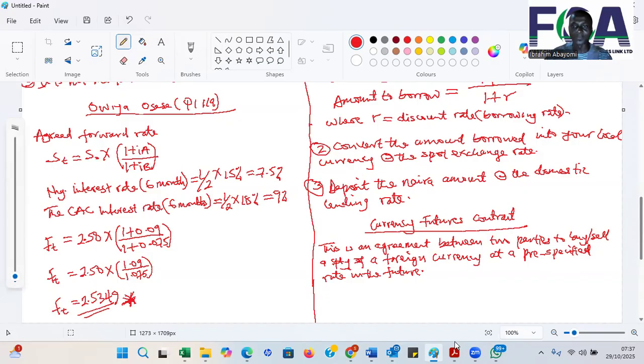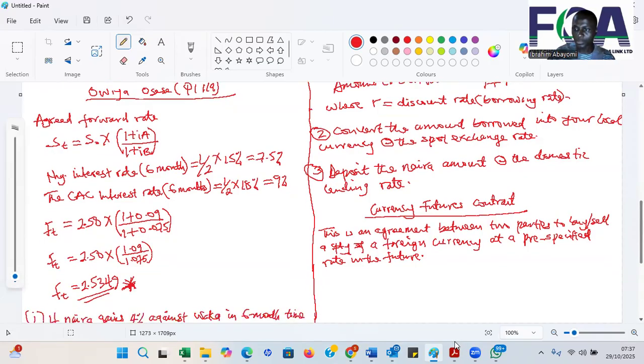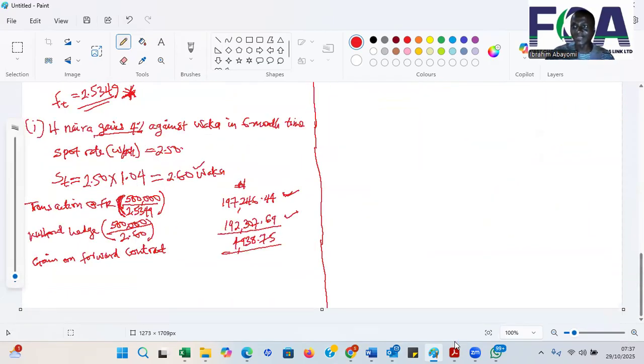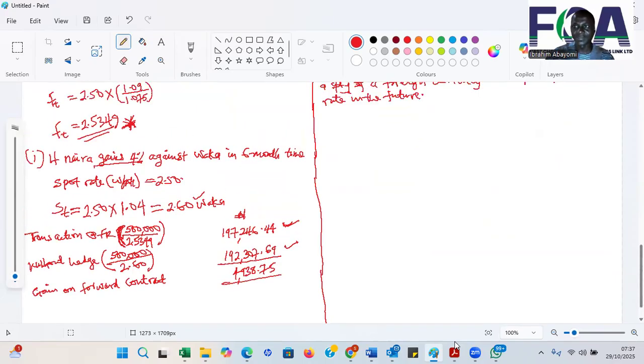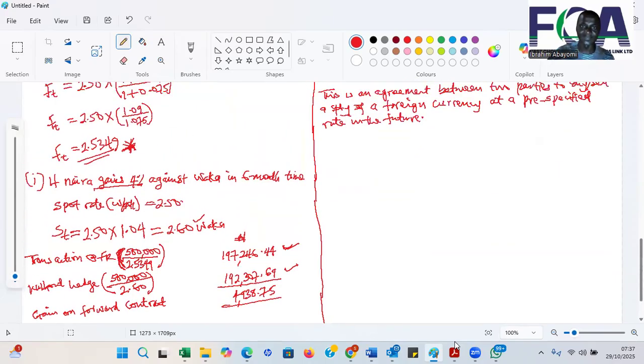Now, you can see that the definition is similar to forward contract, but it's substantially different. Let's look at the difference.